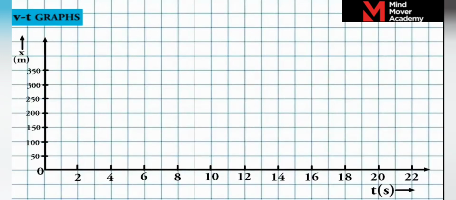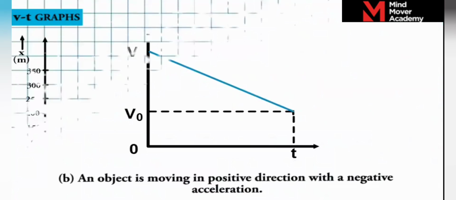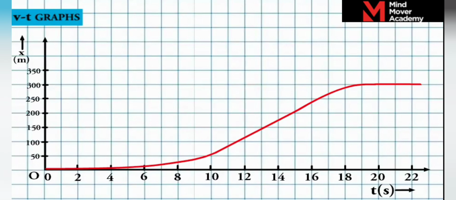For example, the motion of the car in between t is equal to 0 s and t is equal to 10 s. B. An object is moving in positive direction with a negative acceleration. For example, the motion of the car in between t is equal to 18 s and 20 s.